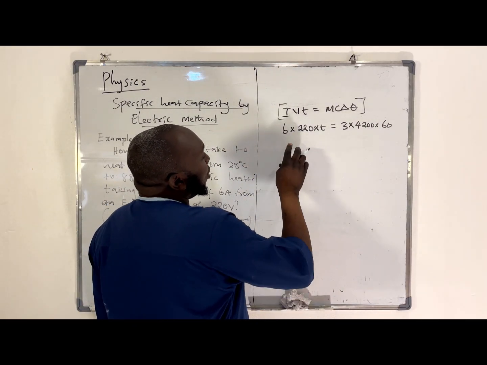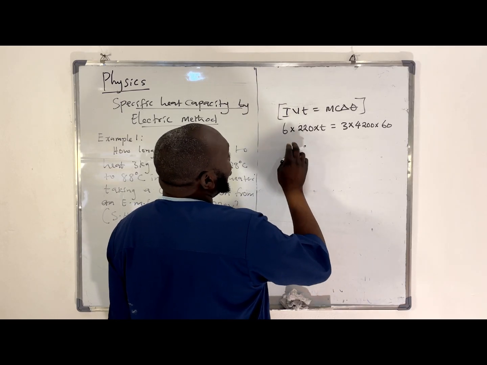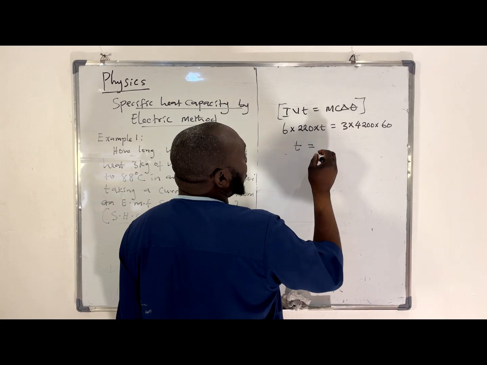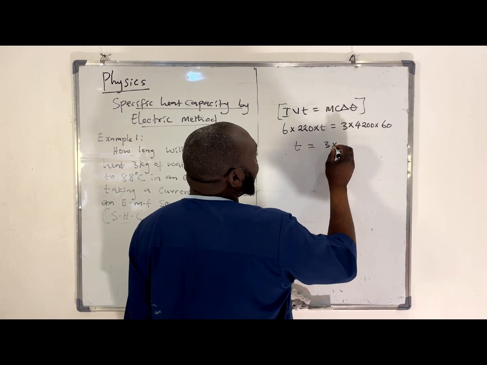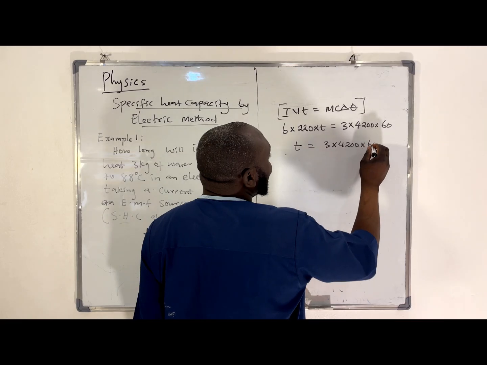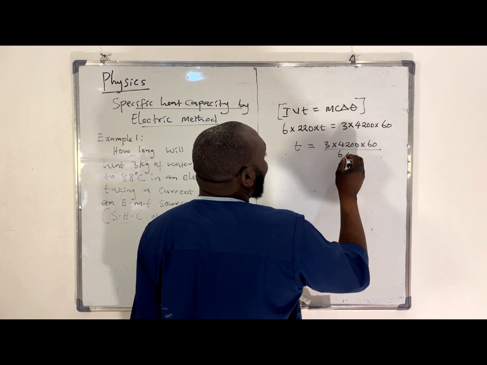So we make T the subject of the formula. T is equal to 3 times 4,200 times 60 over 6 times 220.